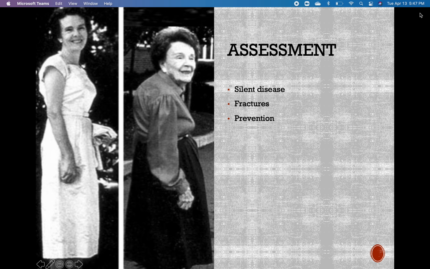This can help to build up strong bones so that when they get to advanced age, they're going to have a better chance to have the amount of bone mineral density that they need.